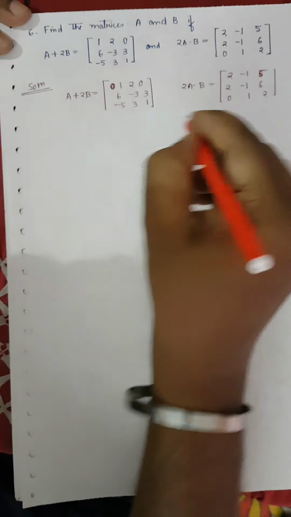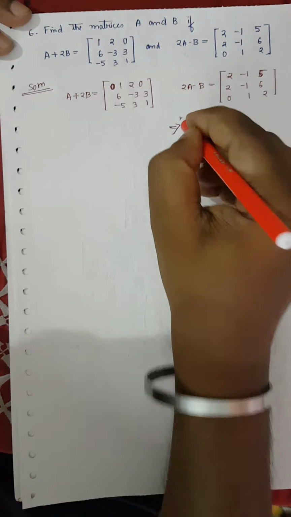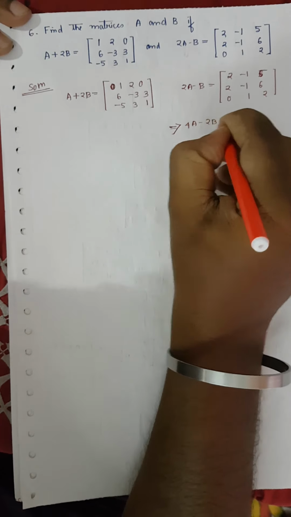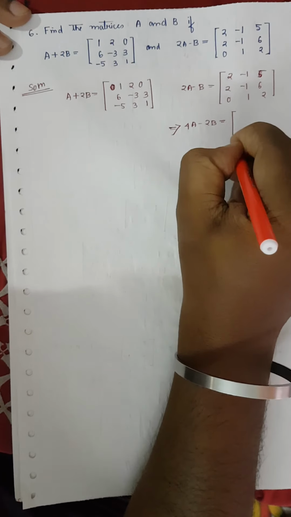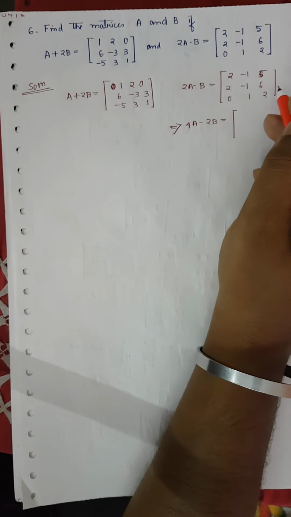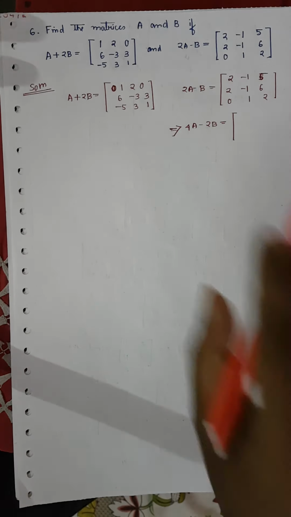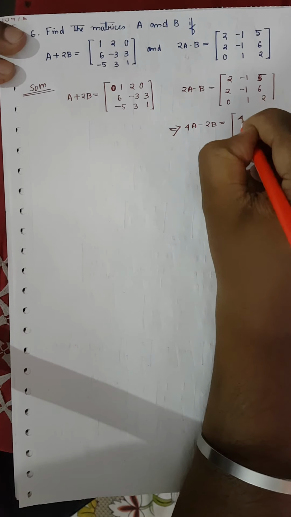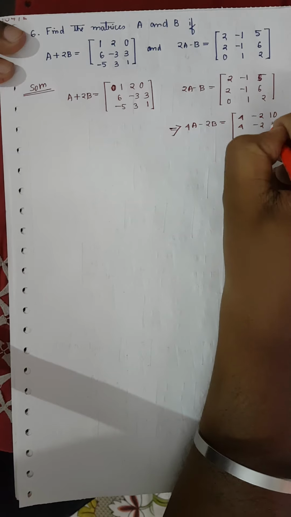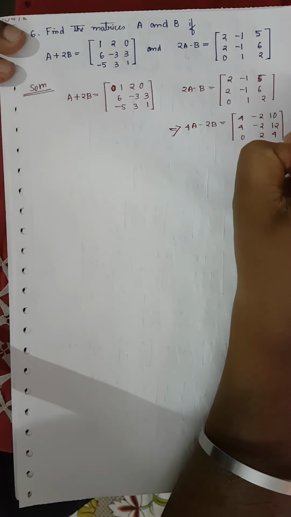If I multiply the second equation by the constant 2, it is 4A minus twice B. I know when I multiply the matrix by a non-zero constant k, it gets multiplied inside. So it will become [4 -2 10; 4 -2 12; 0 2 4].